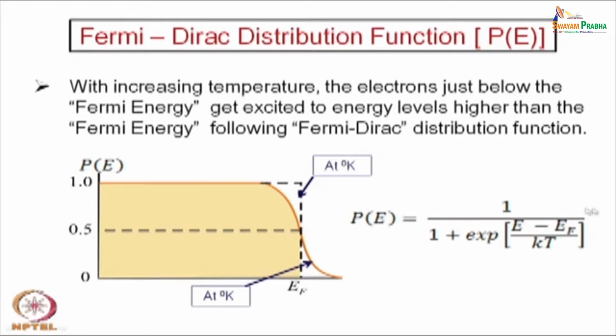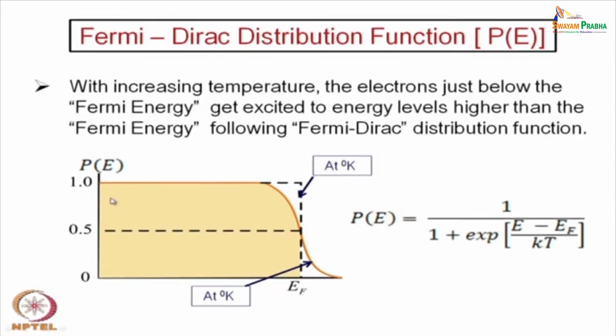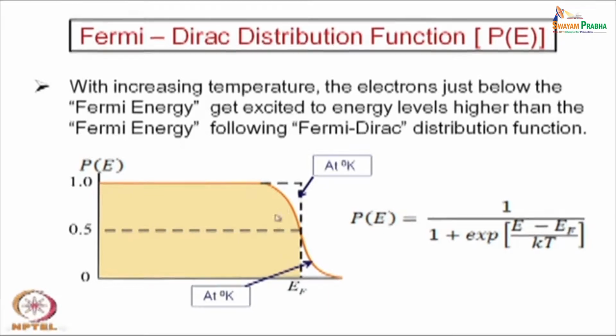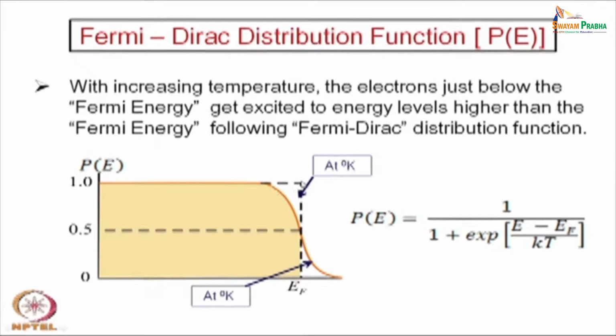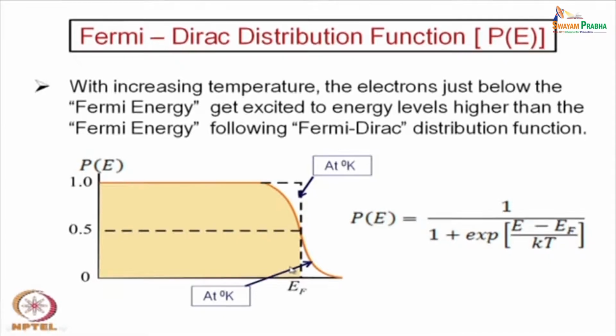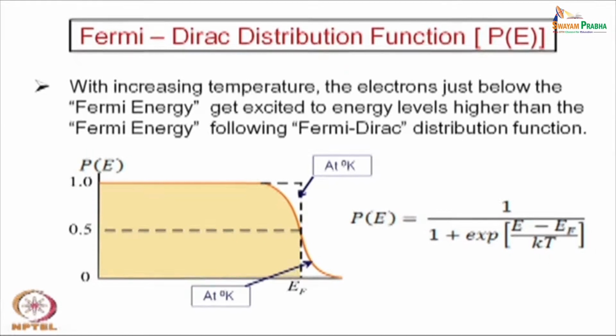This probability function, if you plot, looks like this. This is at T equal to 0, at 0 degree Kelvin, that means this is a rectangular plot, which means up to E_f, the Fermi energy, the probability factor is 1, which means fully occupied, or 100% occupied.